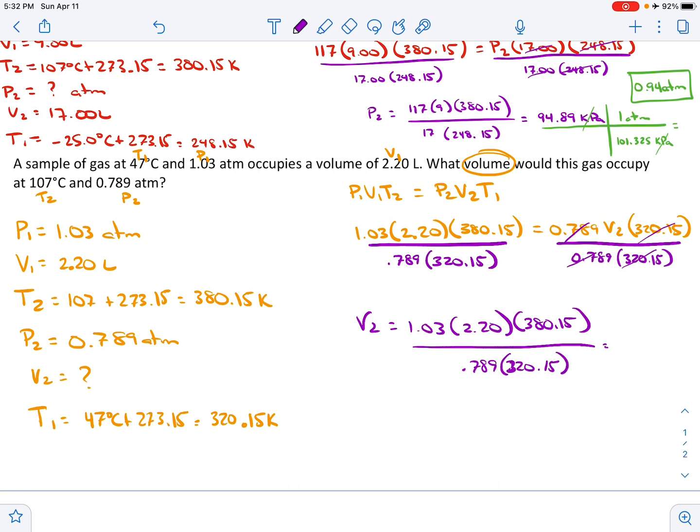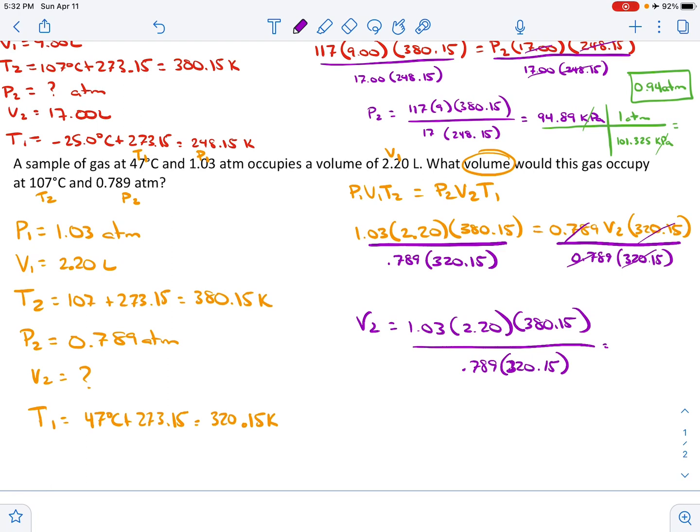All right. So we've got 1.03 times 2.2 times 380.15 divided by 0.789 divided by 320. You ever feel like you typed it in wrong, so you went back and tried it again?